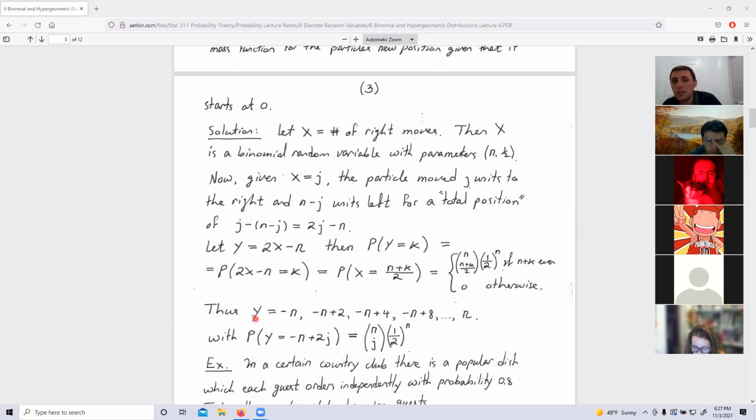Yes, and in particular, what can Y be equal to? Clearly, Y can be equal to minus n. That's when all the moves are to the left, or it can be equal to minus n plus 2.